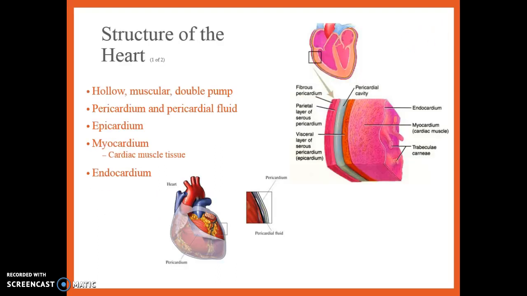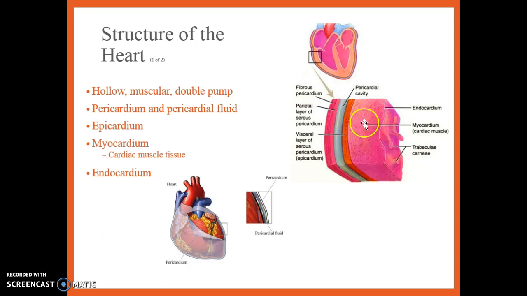The structure of the heart: it is hollow and essentially muscular, but it does have different layers. If we start on the outside layer, that is the pericardium, which is basically just a tissue sac for it to be housed in. Between the pericardium and the epicardium, the exterior surface of the heart itself, there is fluid, and that exists purely to lessen friction as the heart moves while it pumps.